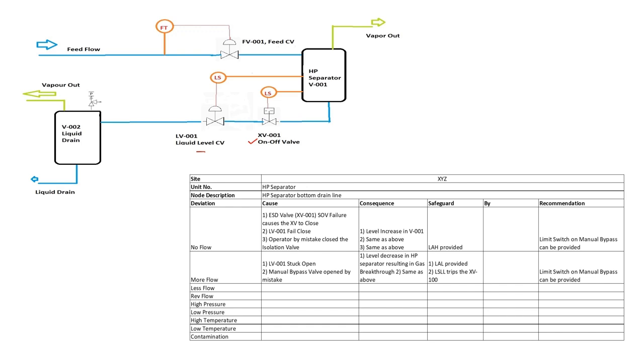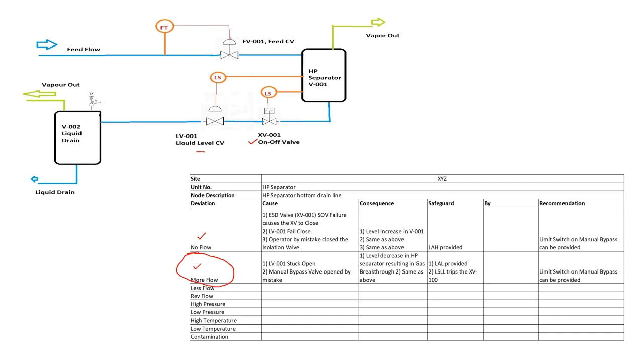There may be different deviations that may happen there, like no flow or more flow. In this case, we will consider the more flow situation. How can more flow happen?